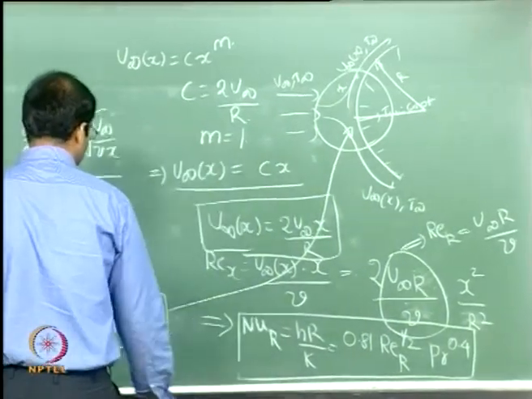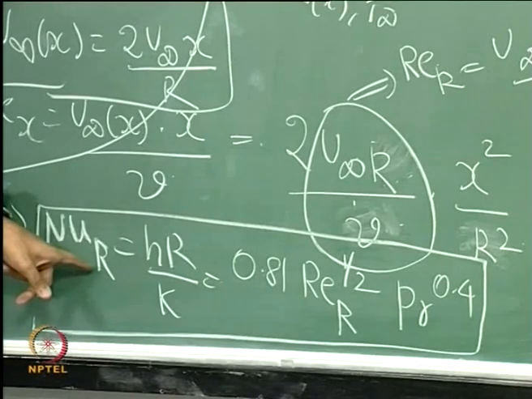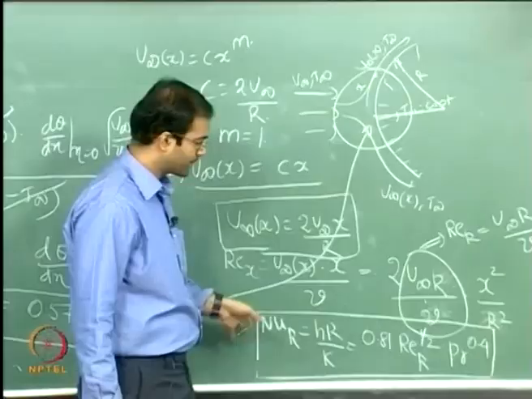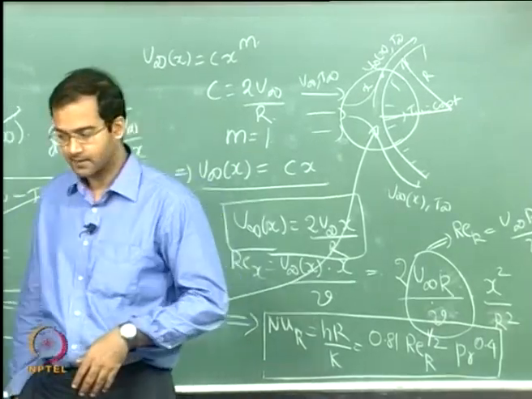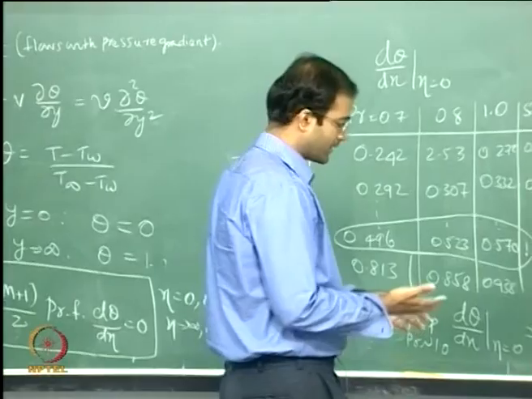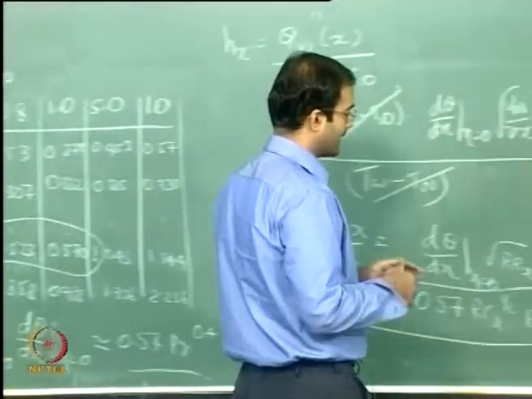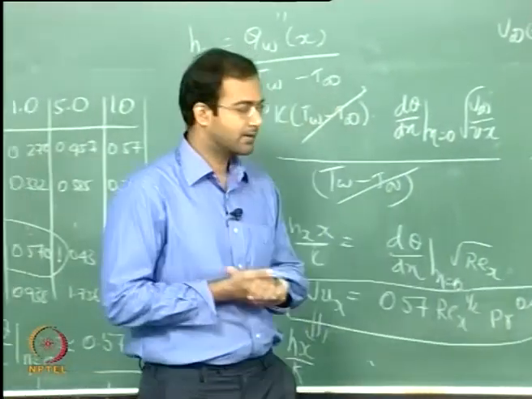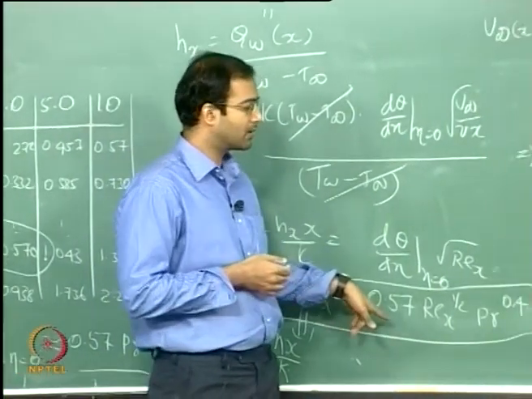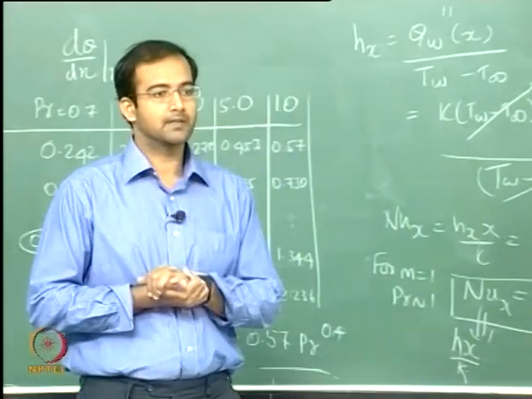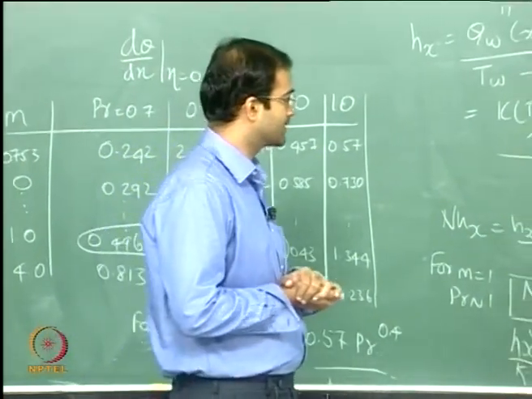This is what you finally get in terms of the fixed dimension r, and this is the expression for the cylinder when you look at the stagnation flow, in terms of the cylindrical dimensions. You can simply transform from your local coordinate to the cylinder's fixed dimension, which is basically the radius.